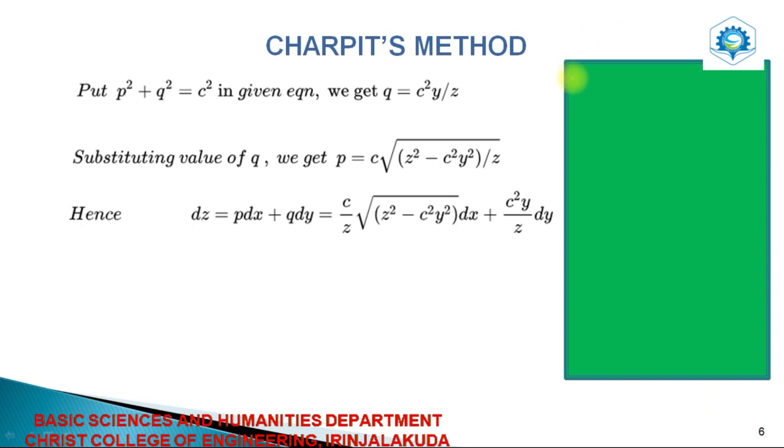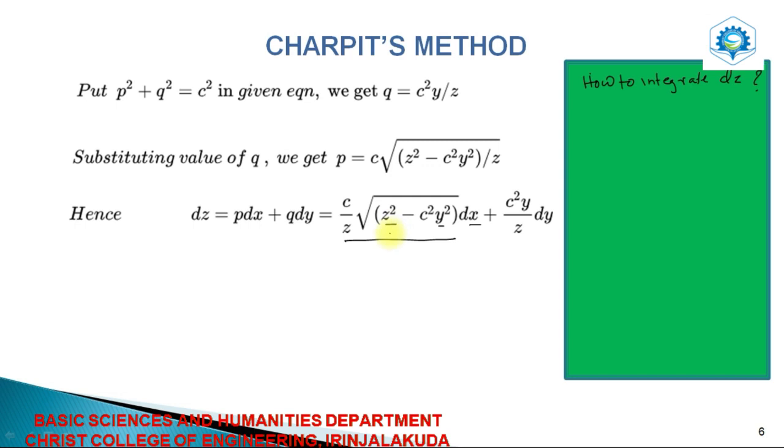Now the question is, how can we integrate this dz? So that is our next question. If we consider the equation, we have the second term here involving c by z square root of z square minus c square y square, involving x, y and z.